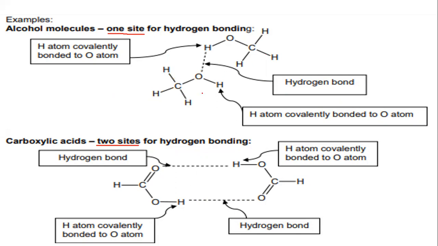This one is also methanol. Remember, the hydrogen bond will exist between the oxygen of one molecule and the hydrogen of another molecule. And that is a hydrogen bond, this bond here. So we can see that it has just one side for hydrogen bonding because of that atom there of oxygen.